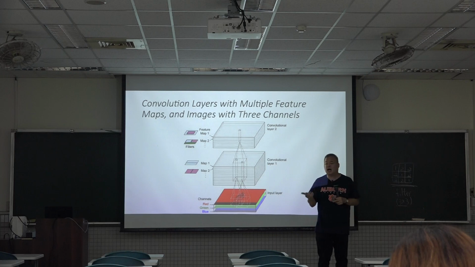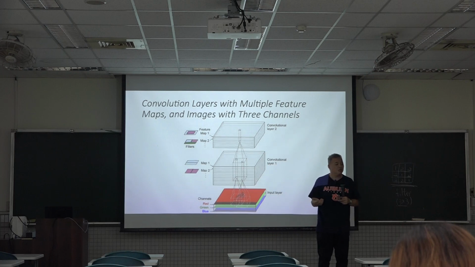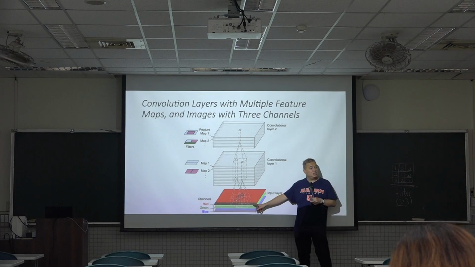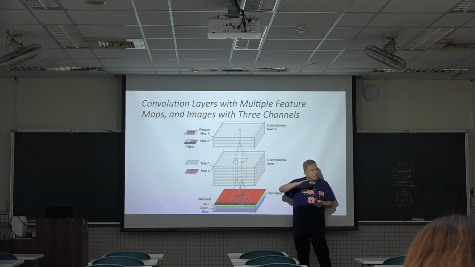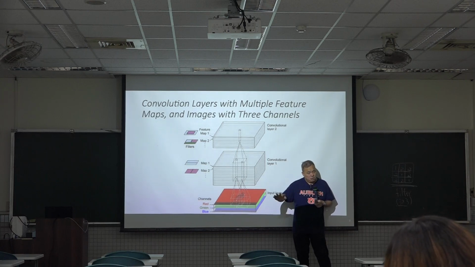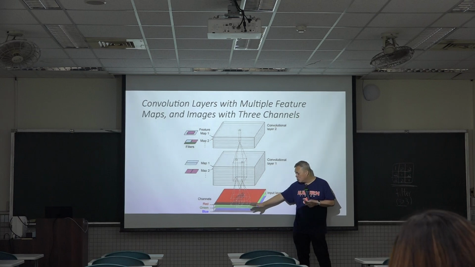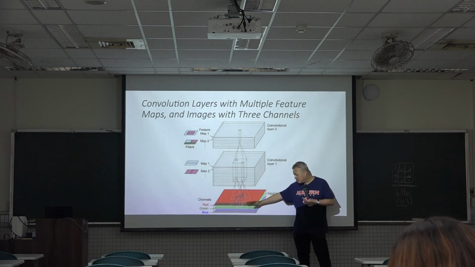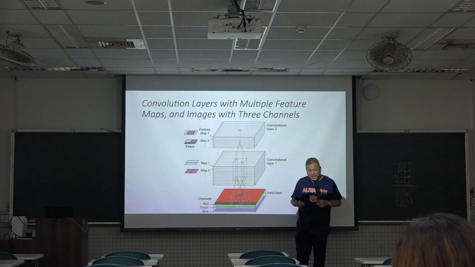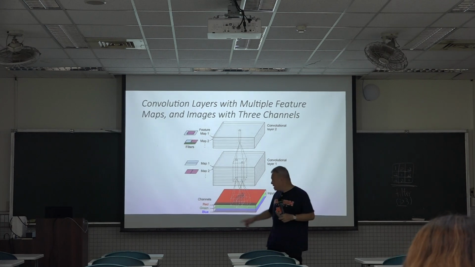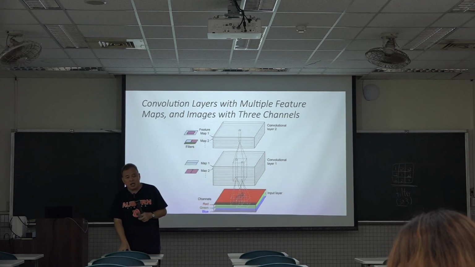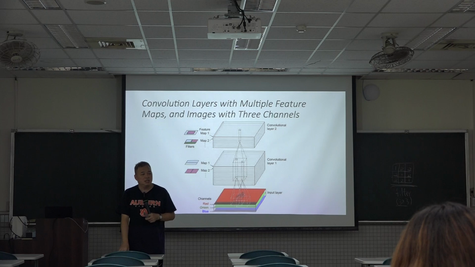But if it's a colored image, we normally treat it as RGB. We treat the input as 3 different channels. One represents red, one represents green, one represents blue. RGB. So these are called channels. And you may ask, can we have more than 3 channels?